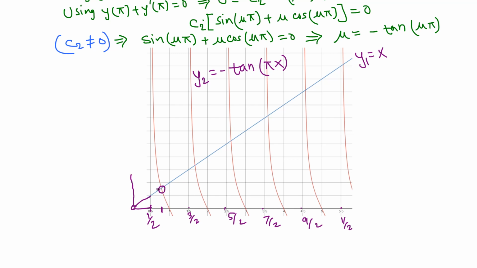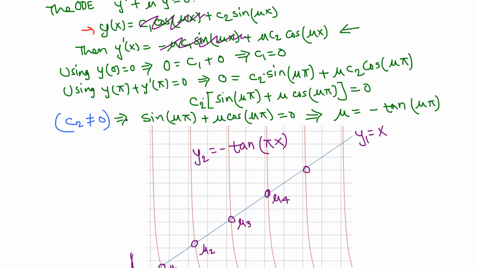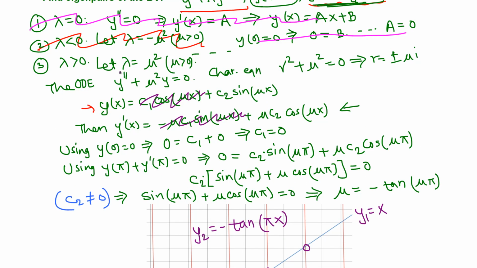That is the point, and this is the first point of intersection, μ1, and this is μ2, here is μ3, μ4, and μ5. If we look closely, these points of intersection are coming closer to these vertical asymptotes. Using a calculator you can find these points of intersection μ, and the eigenvalue λ is μ², so we need to square.